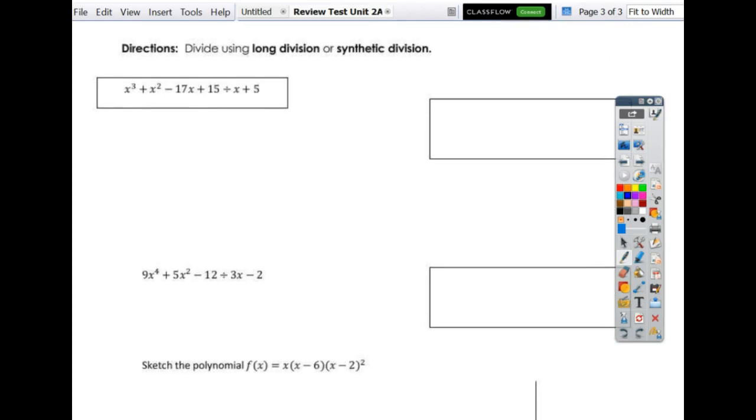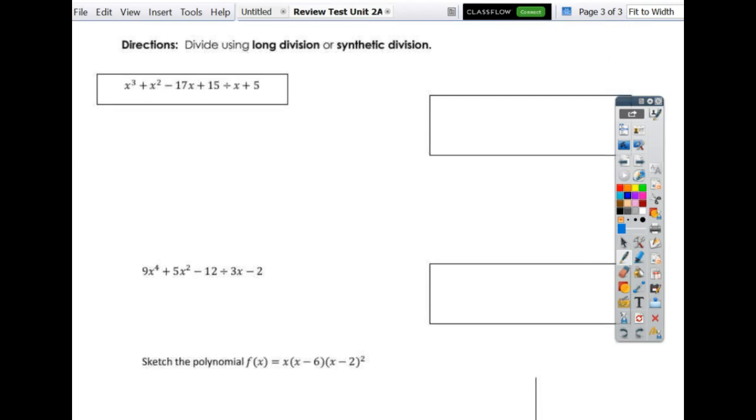So next it says use long division or synthetic division. You have to use long division when there's a leading coefficient. So this is a long division, and this one is a synthetic division because it doesn't have a leading coefficient. So for the synthetic division, we have to test the actual 0.